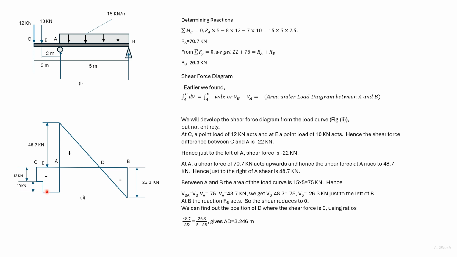And it does not change till we reach A. To the left of A, the shear force is minus 22, and there's a force 70.7 acting at A. So the shear force rises to 48.7 just to the right of A.